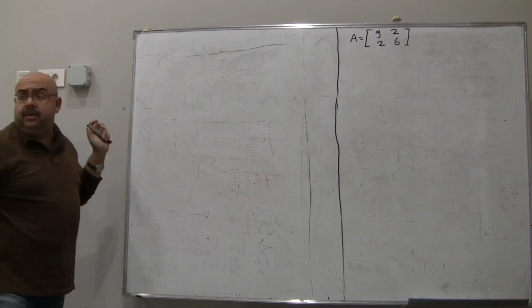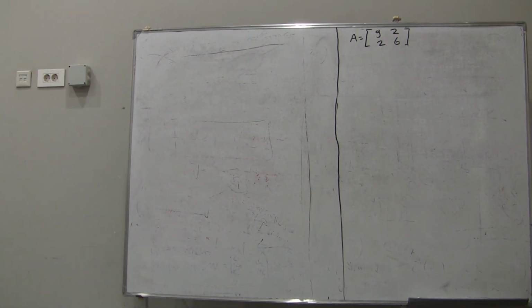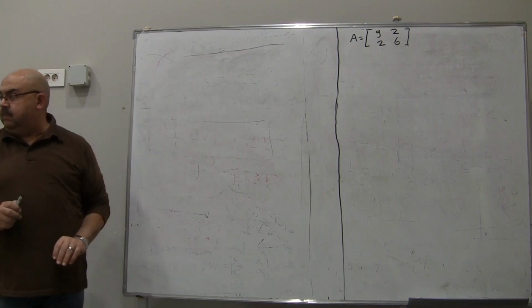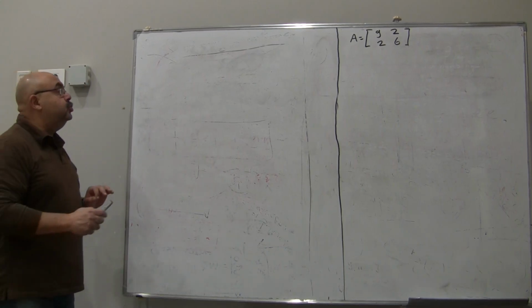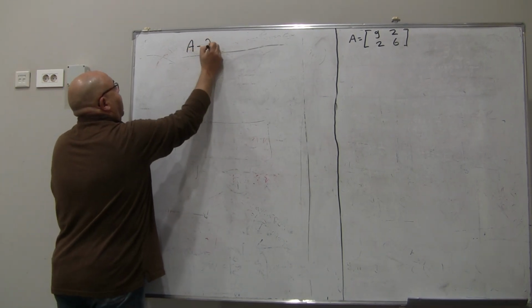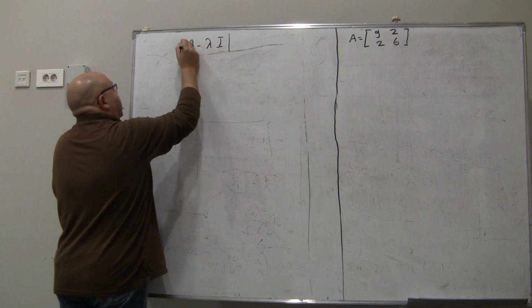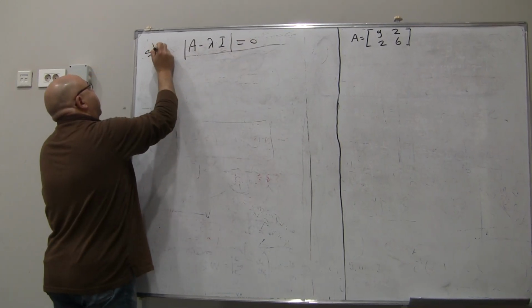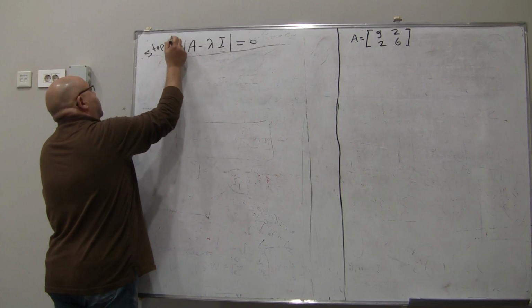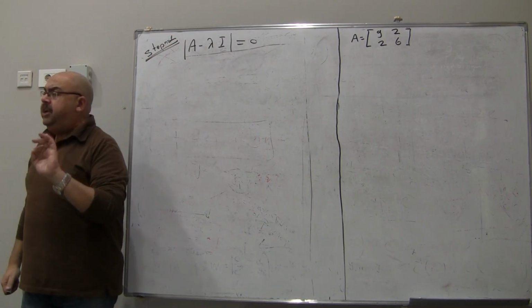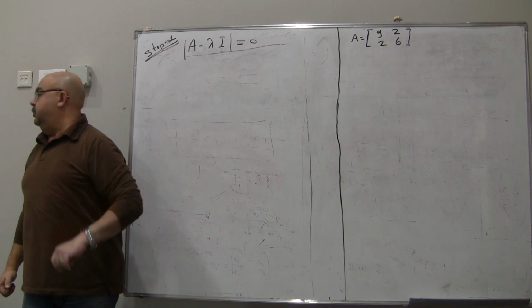Okay, I need to get the eigenvalues and the eigenvectors very quickly. So what to do? The first step, I will have to solve this equation, which is the determinant of A minus lambda I equal to 0. This is step number 1, which is called the characteristic equation, or the equation where I will get the eigenvalues.